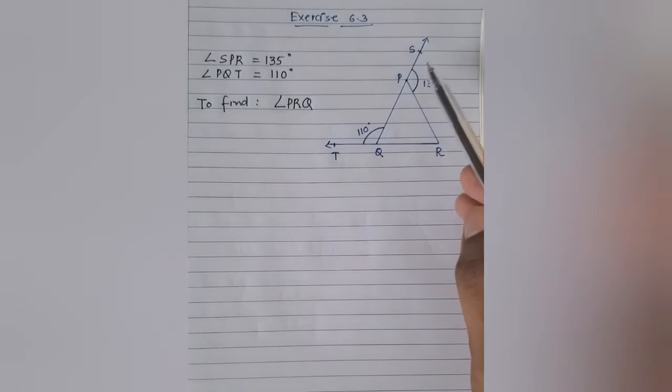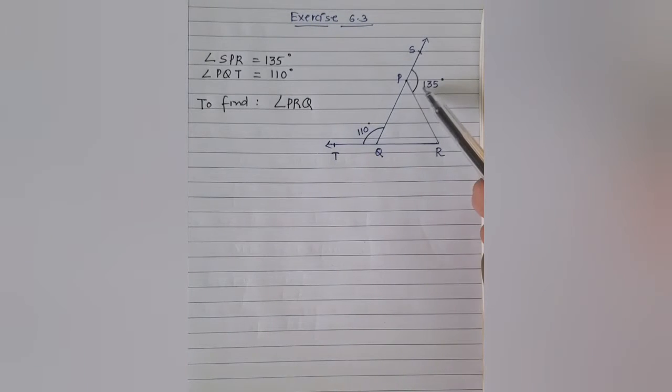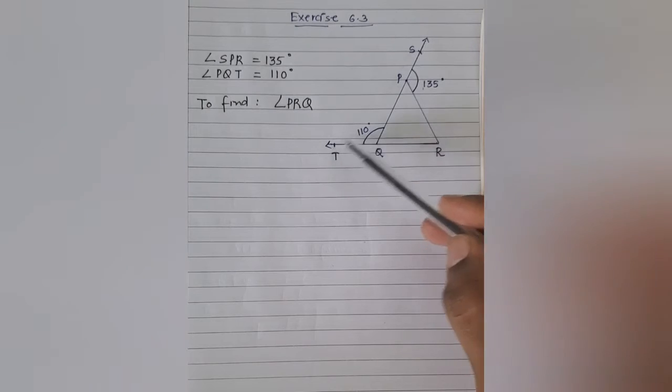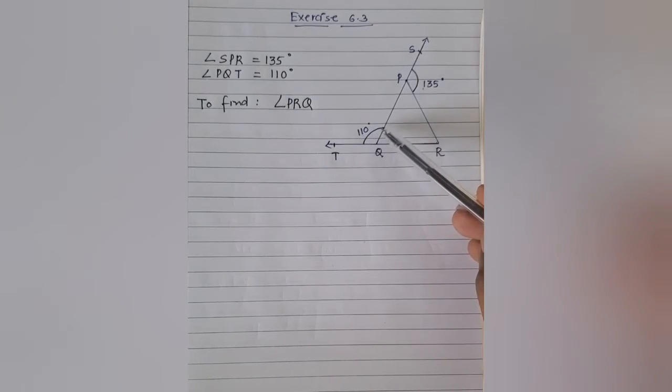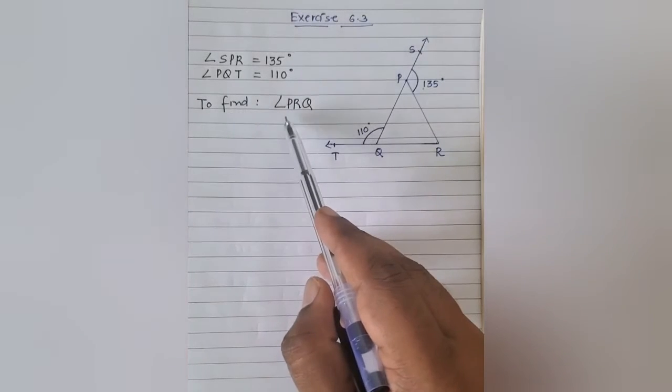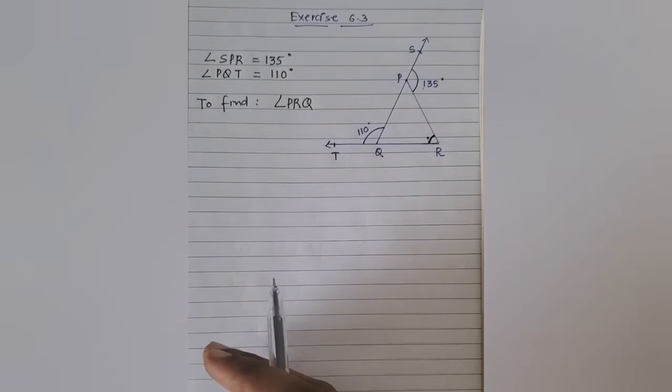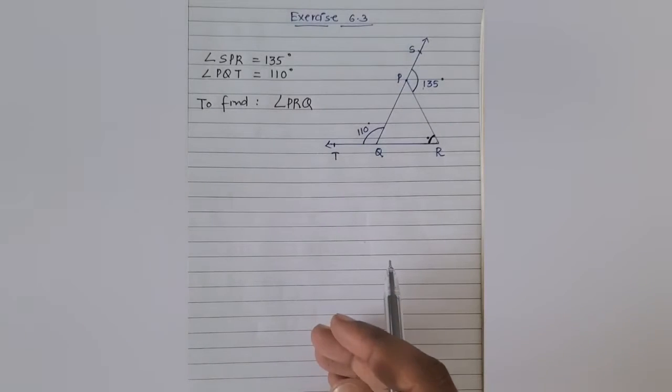So SPR is given as 135 degree, PQT is given as 110 degree. Where is PRQ? This is the angle that we have been asked to find. As I said, it's all about observing the figure.